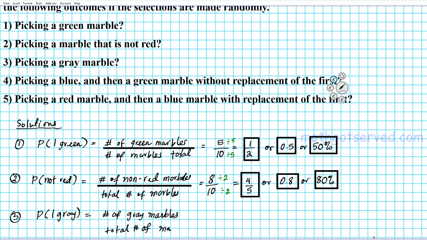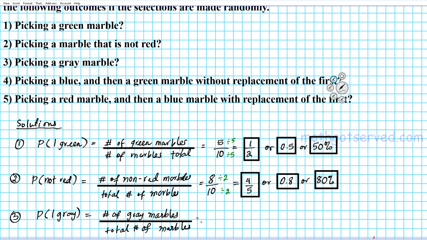Alrighty, so in this situation, how many gray marbles are there in the bag? In the bag, there are a total of 0 gray marbles. Okay, there are no gray marbles in the bag.